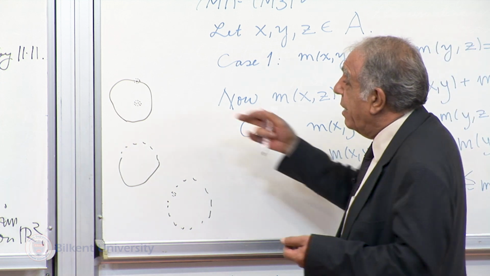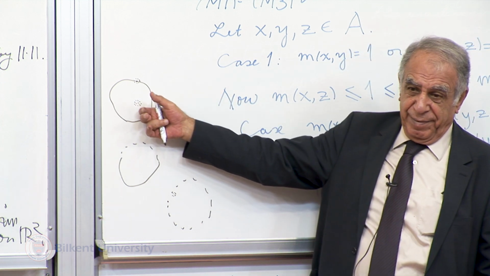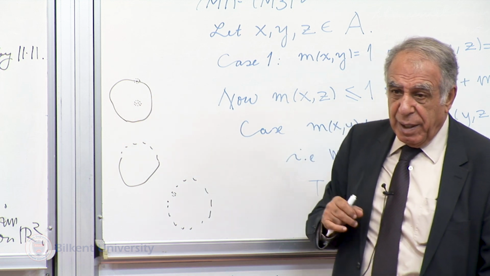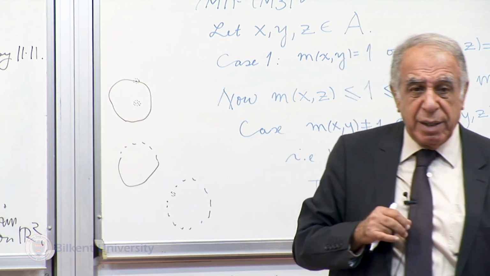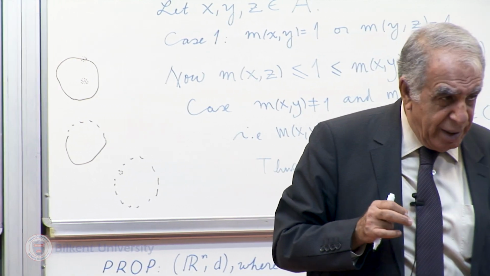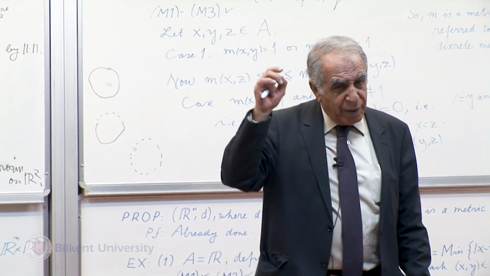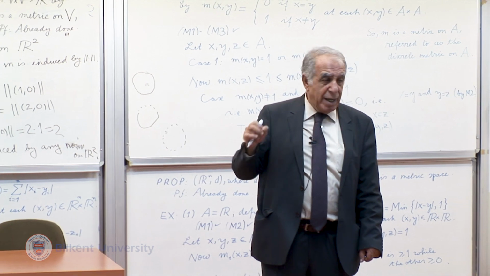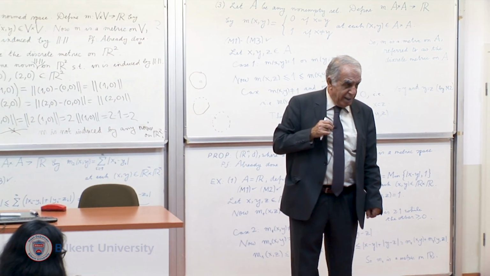Then we need the definition of a ball. That's what we'll start with next time, and then we'll introduce open and closed sets, and then we'll go one further step in our abstraction process.